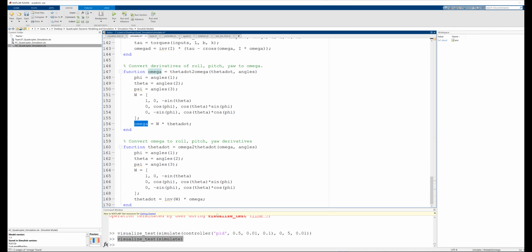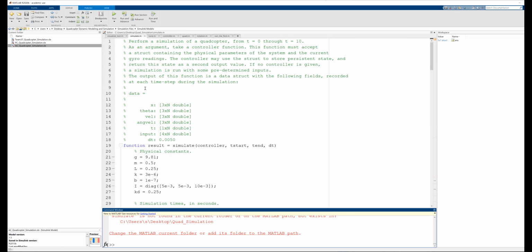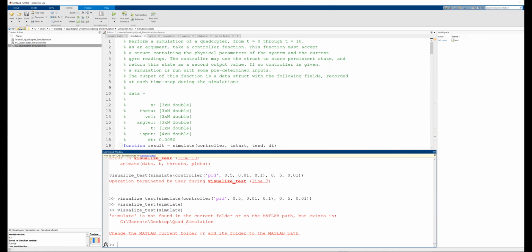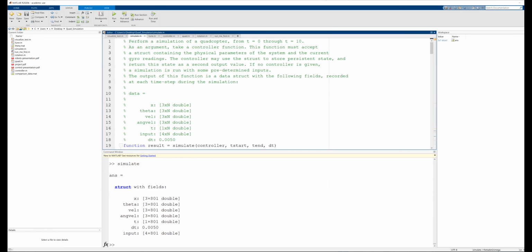Now we want to simulate. So what you do is you go say visualize, simulate. You can change the path. So visualize test, simulate. I'm going to just add this to the path, change folder.